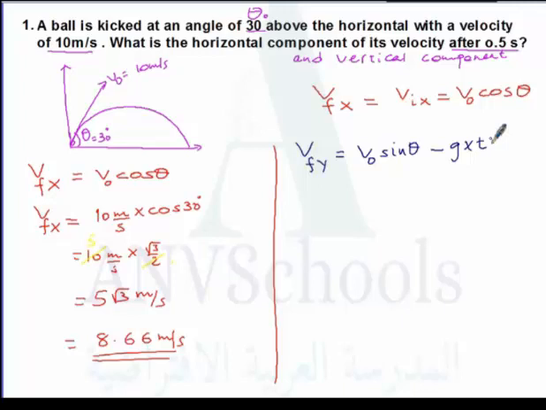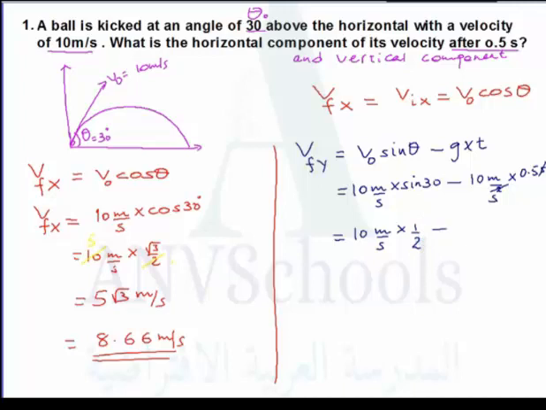The initial speed is 10 meters per second multiplied by sine 30 degrees, minus g multiplied by 0.5 seconds. We know that sine 30 is half.